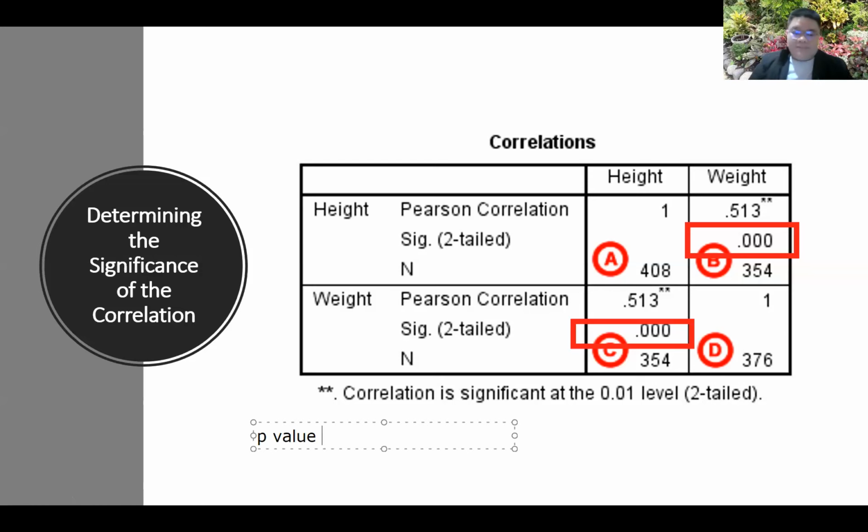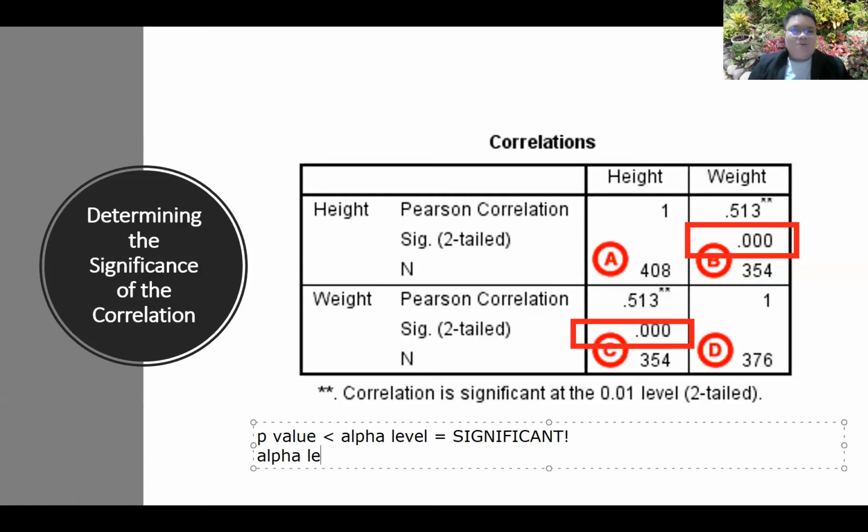What does that mean? If the p-value is less than the set level of significance, which is called the alpha level, the test is considered to be significant.